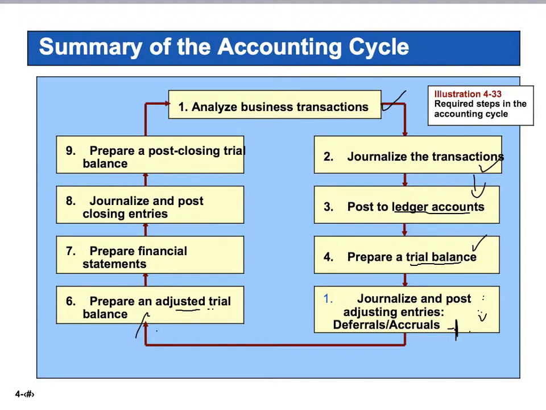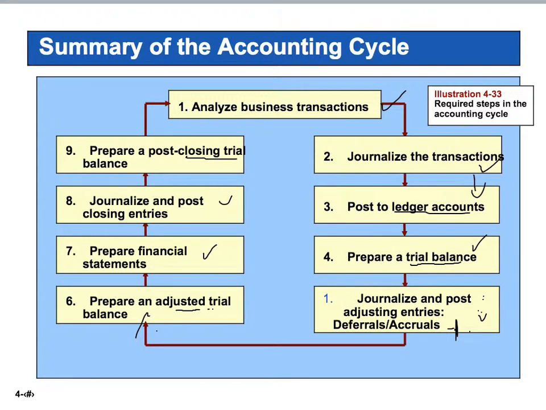Once that is done, and I know that everything is correct, I prepare the financial statements, and then I close out the books. And I could test that again by taking a post-closing trial balance. And I start the new accounting period with asset accounts with balances, liabilities, shareholders' equity, including retained earnings, but the revenue accounts and all expense accounts and the dividend account are zero.